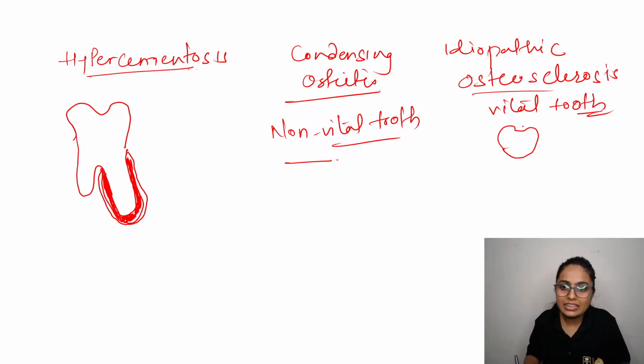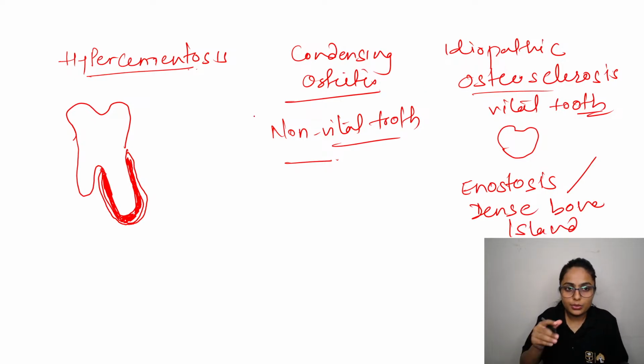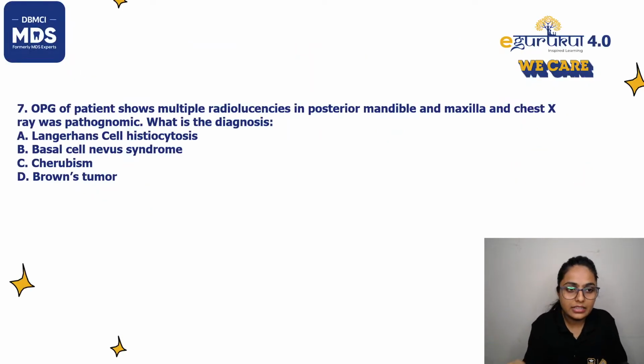Idiopathic osteosclerosis is also called by synonyms: enostosis or dense bone island. All right. So you can differentiate these three entities using these important points. Then we have the next question.